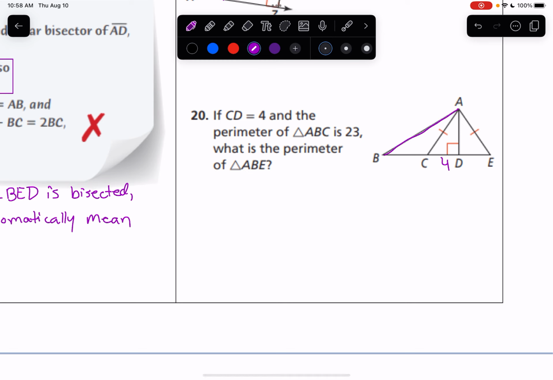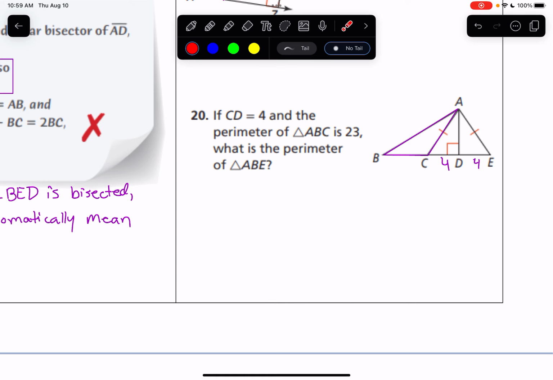So here's ABC. I can tell from the diagram that CD will be 4 and ED will also be 4, because this is an isosceles triangle with a perpendicular line drawn down. So that's a perpendicular bisector. So those are both 4.